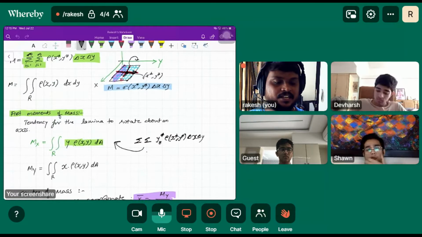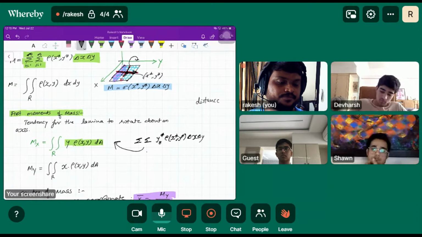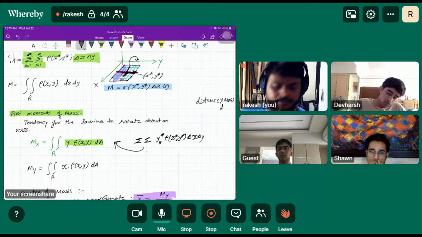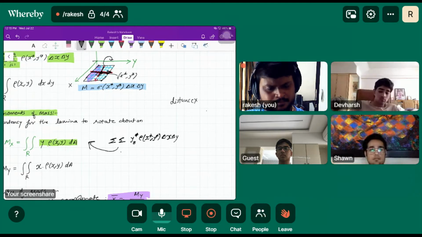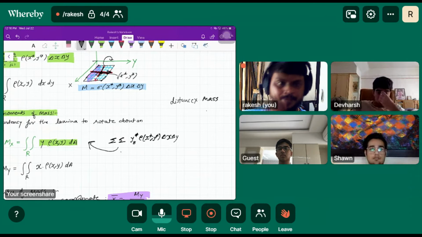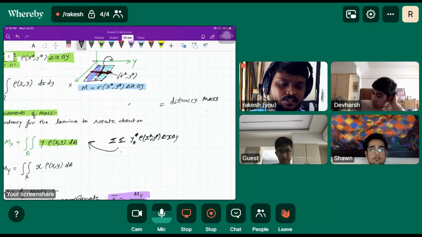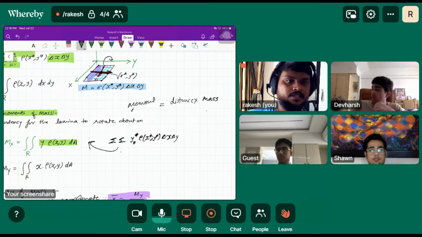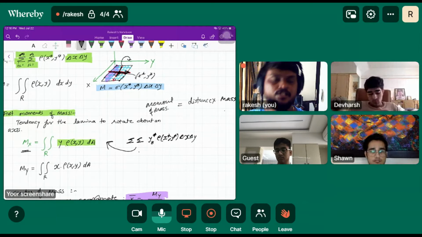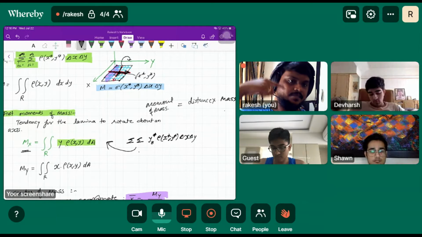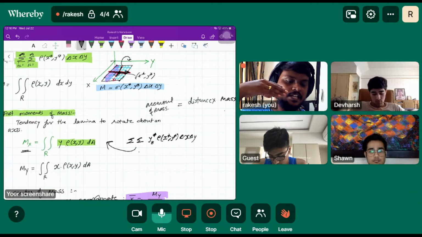Moment of mass is basically distance into mass, the moment of mass, right? So if we are finding mx, the moment of mass about the x-axis, moment of mass is basically rotation. It's a tendency for the lamina to rotate.